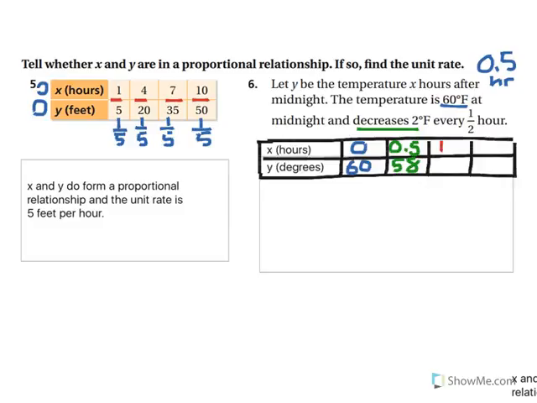At another half hour, now we're at 1.0 hours, and it went down 2 more degrees, so now it's 56. And at 1.5, we go down 2 more degrees, and it is 54.